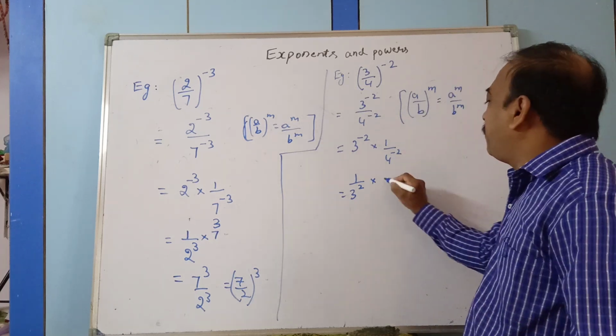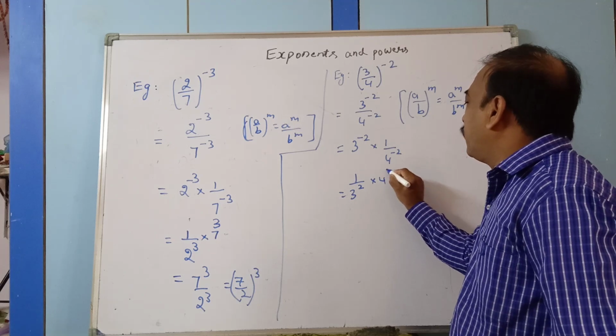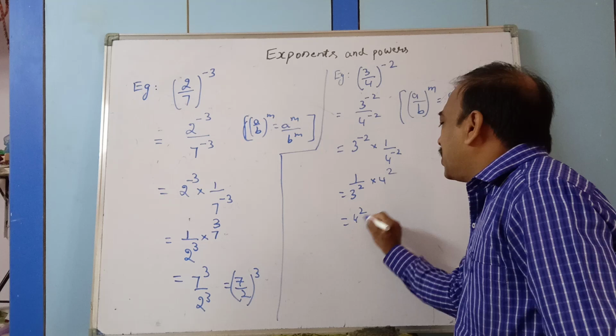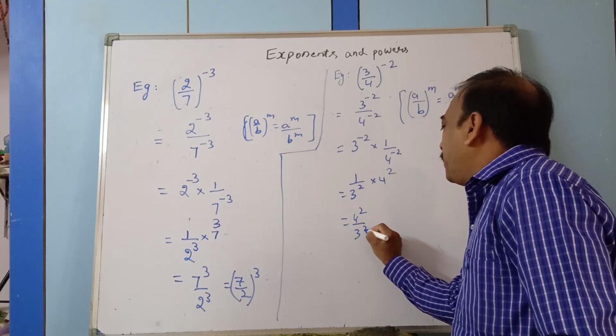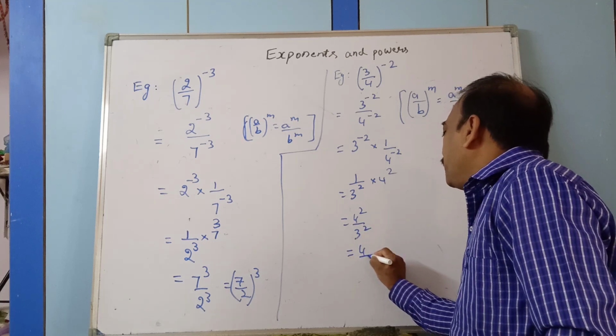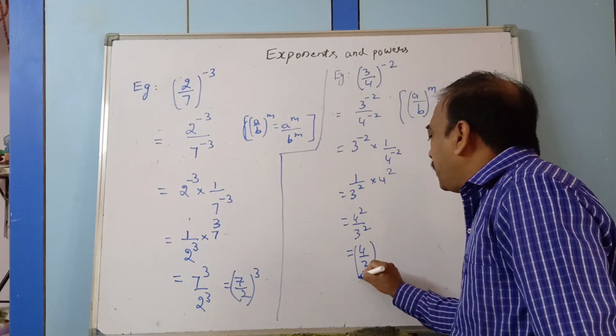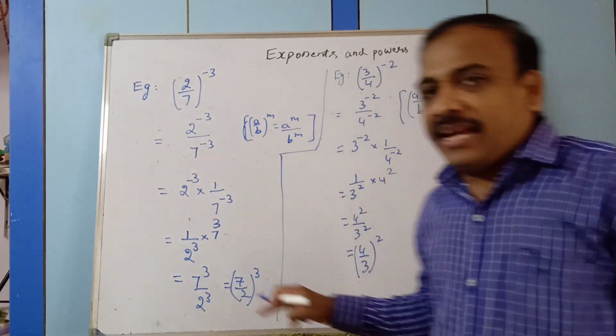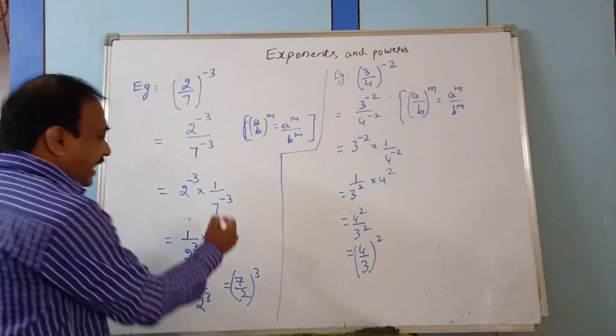You will write the power in the numerator part, 4 to the power 2. So 4 to the power 2 by 3 to the power 2, which can be written as 4 by 3 whole to the power 2.